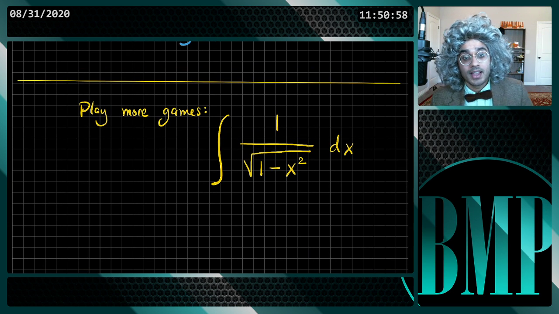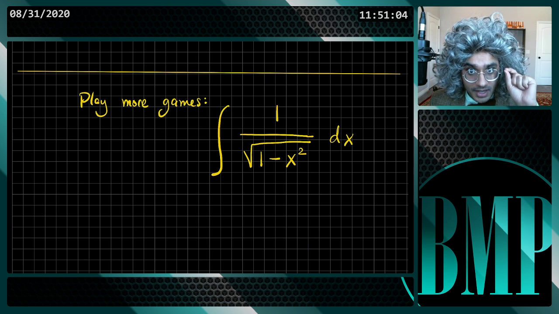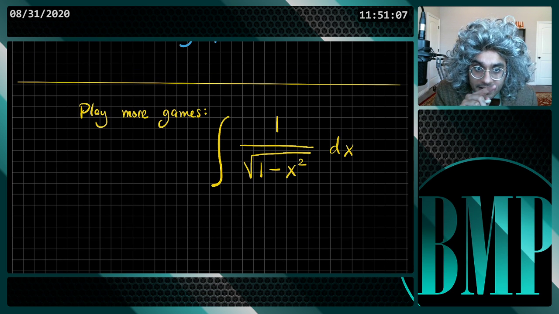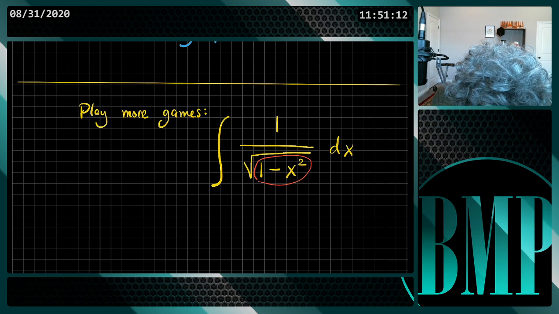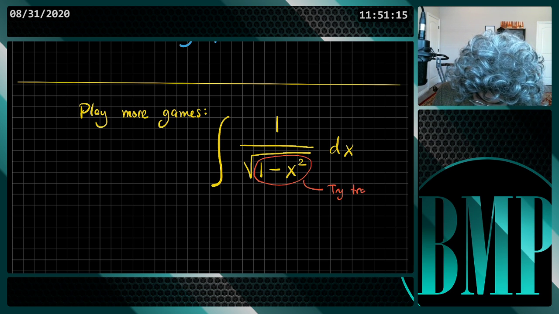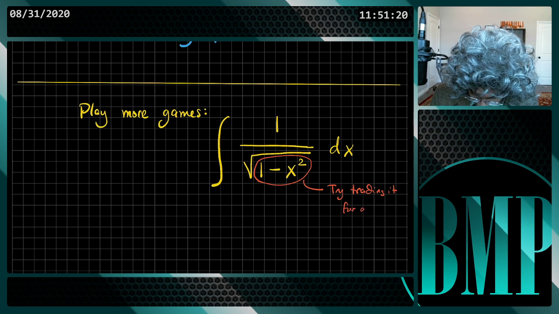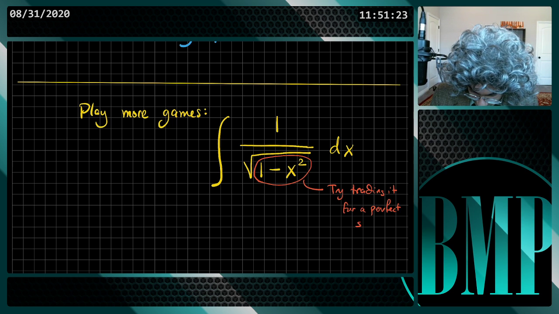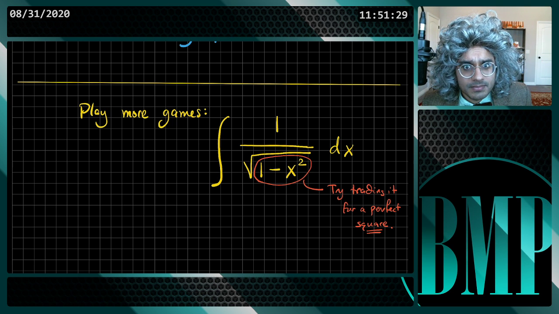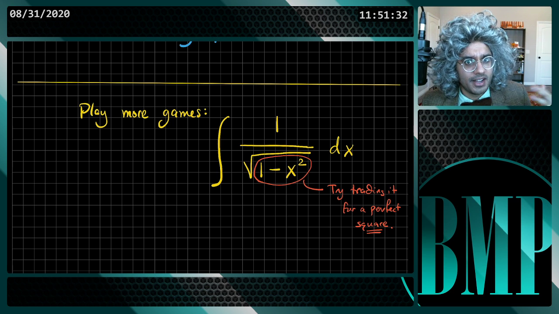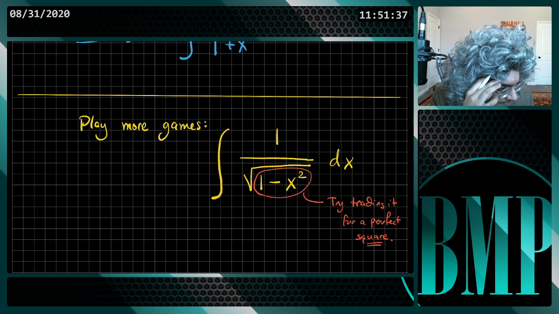Okay, so here we go. I'm going to use the orange trig substitution underlying principle to try to trade this 1 minus x squared away, try trading it for a perfect square. Why? Because I'm square rooting. I like perfect squares underneath square roots, and so do you.